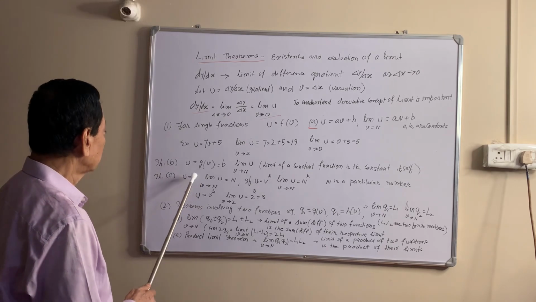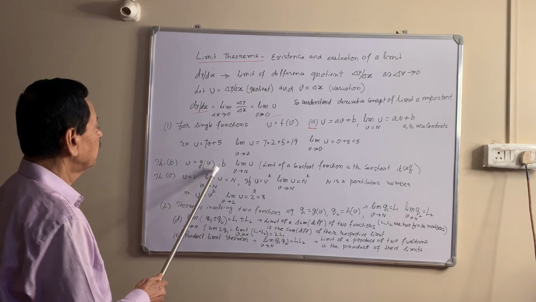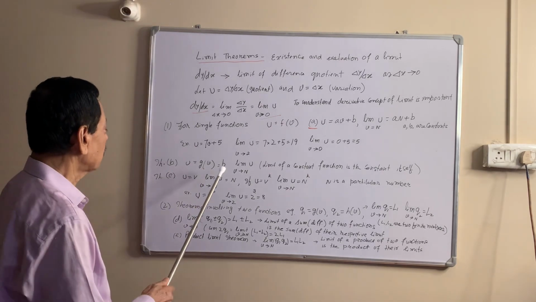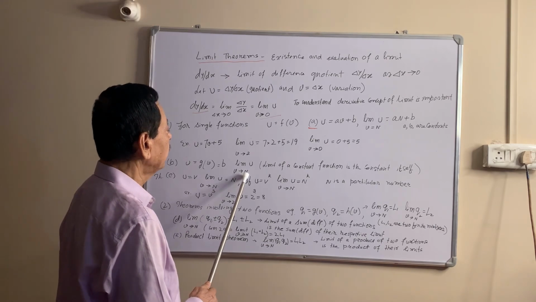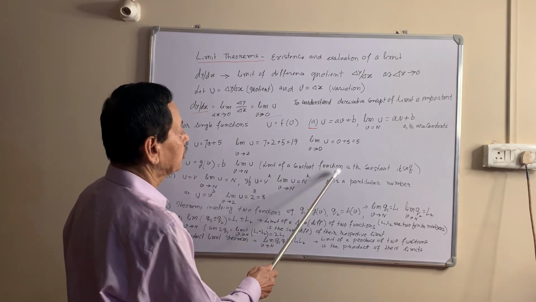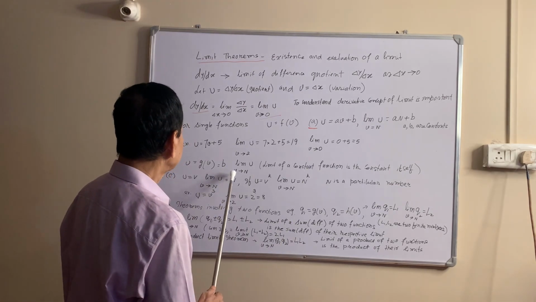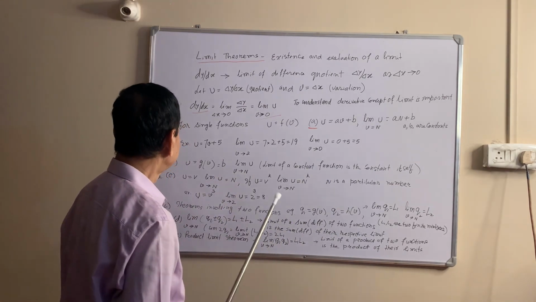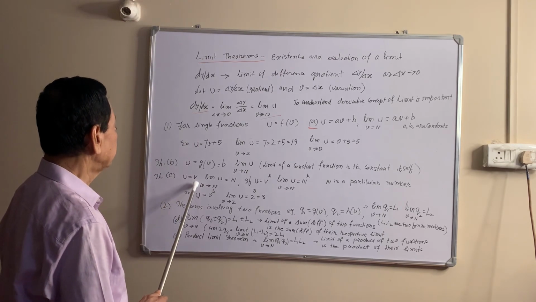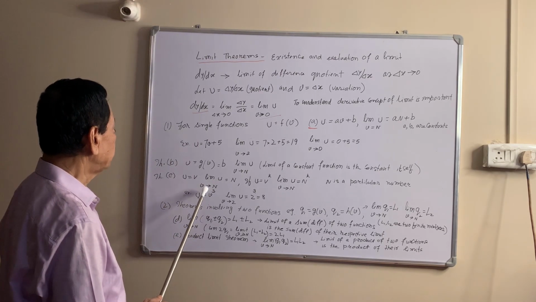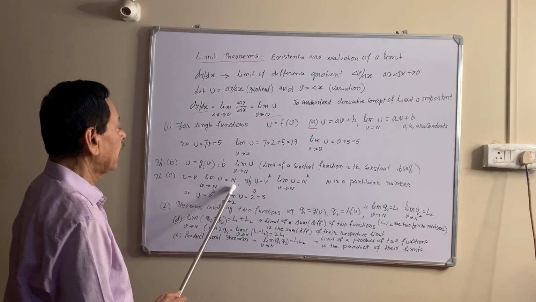Then theorem B. Now u, a function of v, is equal to b. Suppose it is a constant. Then the limit of u as v tends to n is the constant itself, because the limit of a constant function is the constant. Then theorem C, u equals v. The limit of u as v tends to n is n.